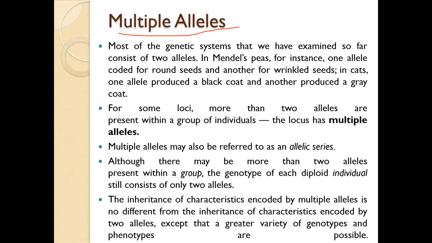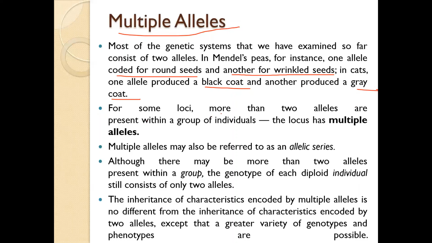In Mendel's peas also, you have already experienced the presence of two different alleles, capital T, small t, capital Y, small y, whatever the seven different characteristics are. For instance, one allele coded for round seed, another for wrinkled seed. In cats, one allele produces black coat, another produces gray coat.